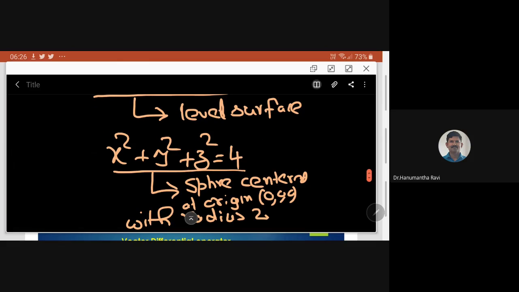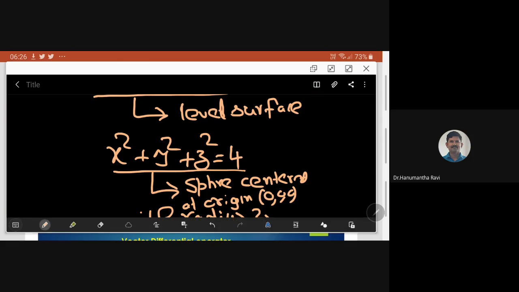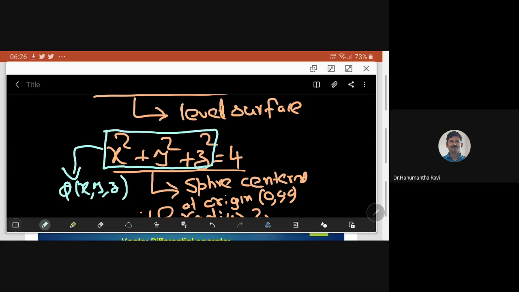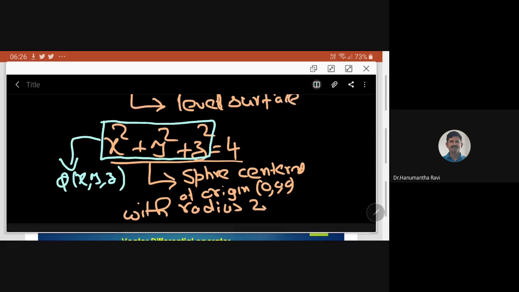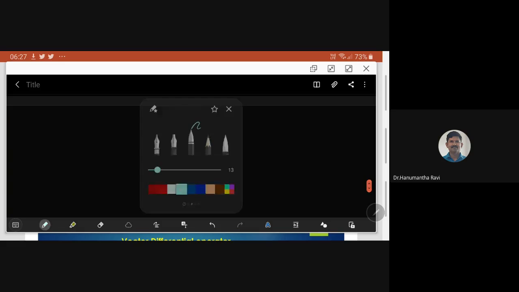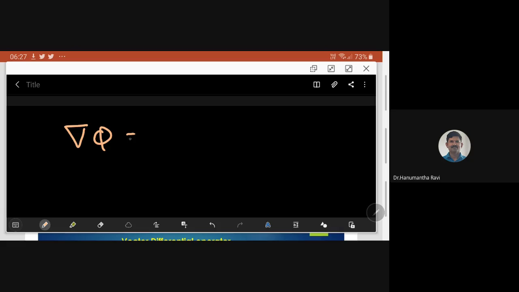If we consider this as our phi, then grad phi is nothing but dou phi by dou x, that is 2x i bar, plus dou phi by dou y, 2y j bar, plus dou phi by dou z, 2z k bar.